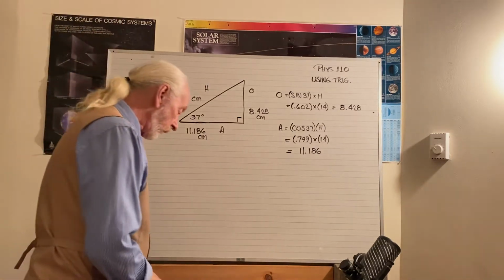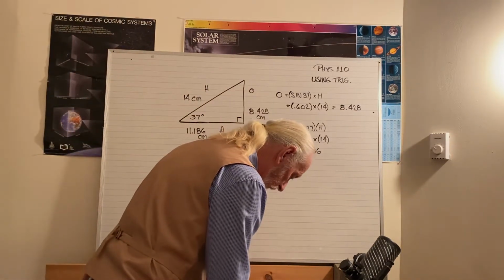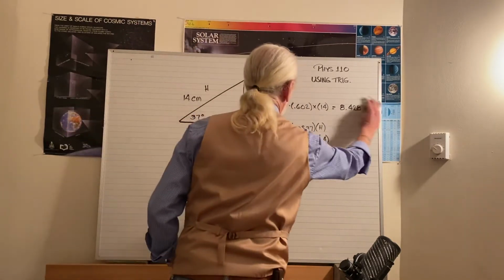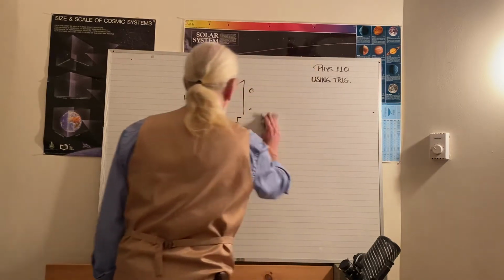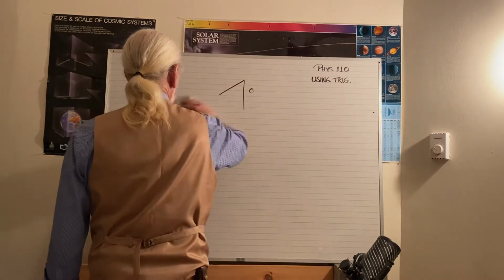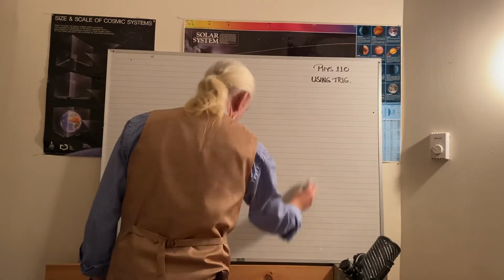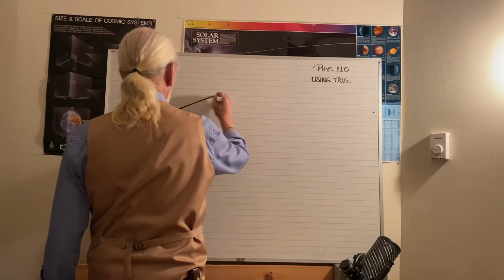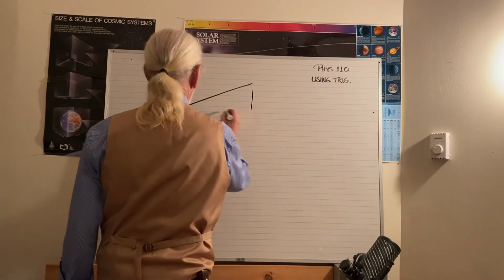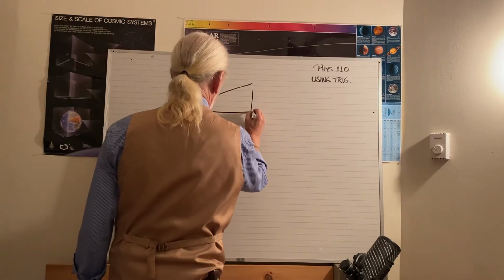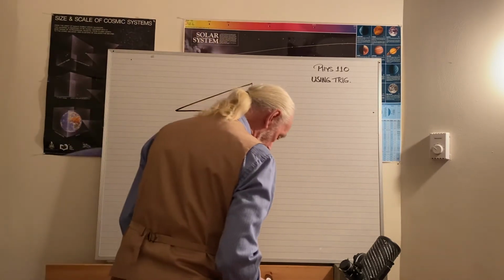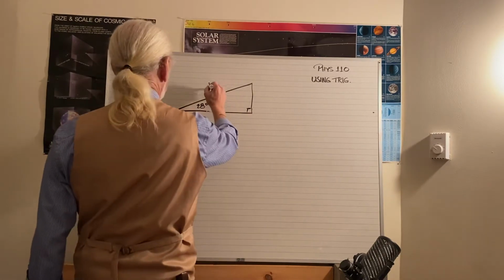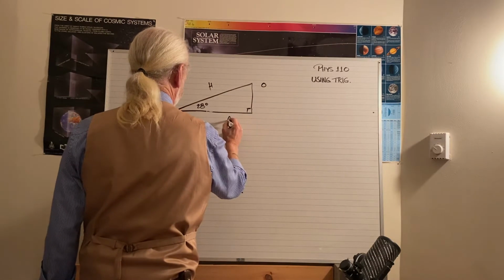Let's try another one on page 58. All right, so we have 28 degrees, and that's my hypotenuse, my opposite, my adjacent.